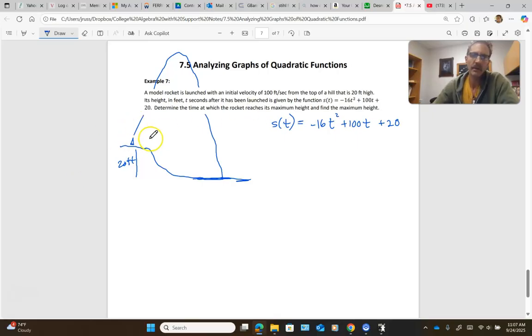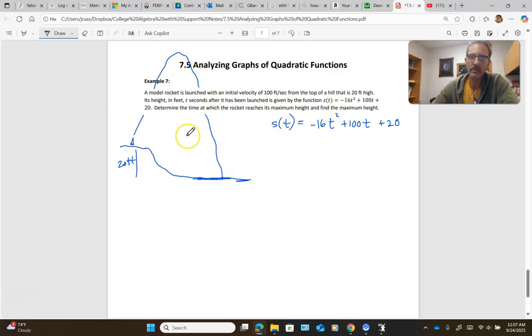And so what we're trying to figure out, let's read the rest of this. It says, determine the time at which the rocket reaches its maximum height, and then find the maximum height. If you're looking at this, this is really just a parabola.